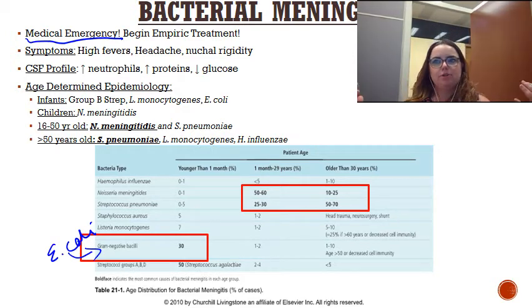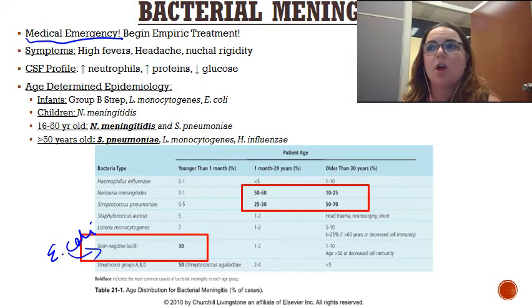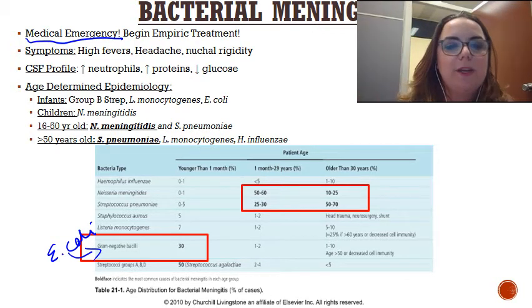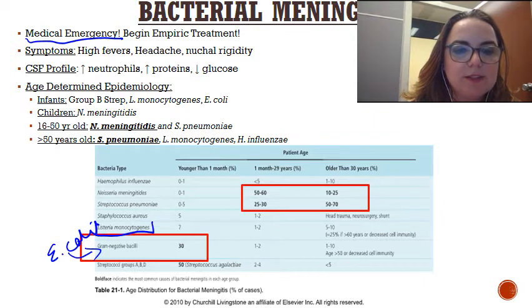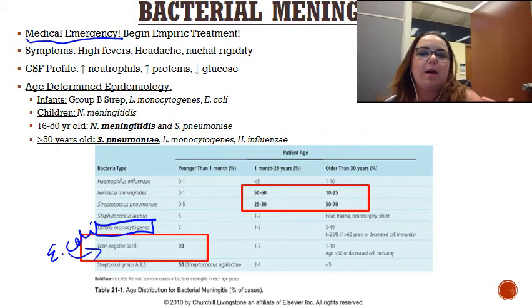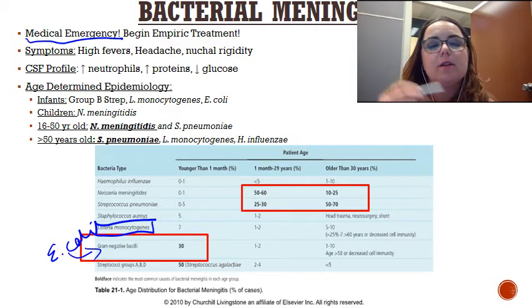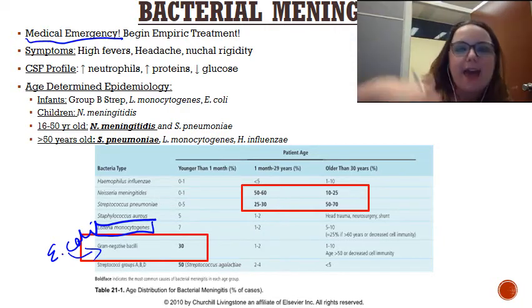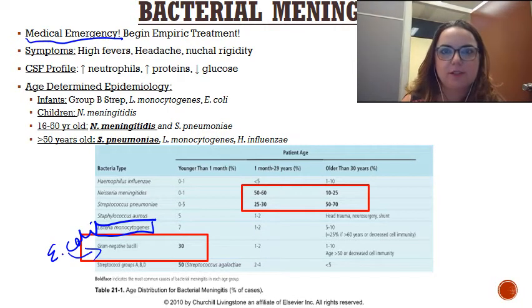So what are our empiric treatments for bacterial meningitis? Currently, it's vancomycin plus ceftriaxone for everyone under the age of 50. If we go above the age of 50, we need to keep an eye out for Listeria monocytogenes. So if you've recently had an outbreak nearby, or you've got somebody who's in an immunocompromised status where you're worried about listeria, you're going to add in ampicillin to cover for listeria.